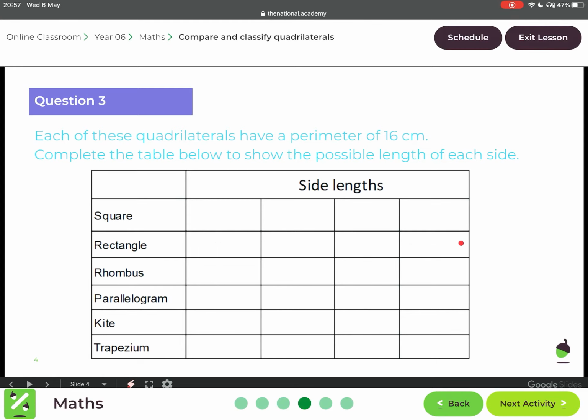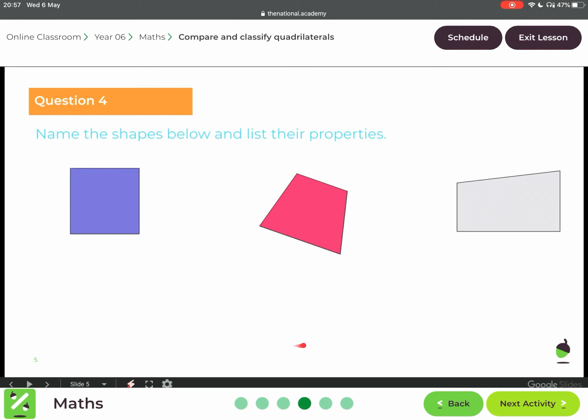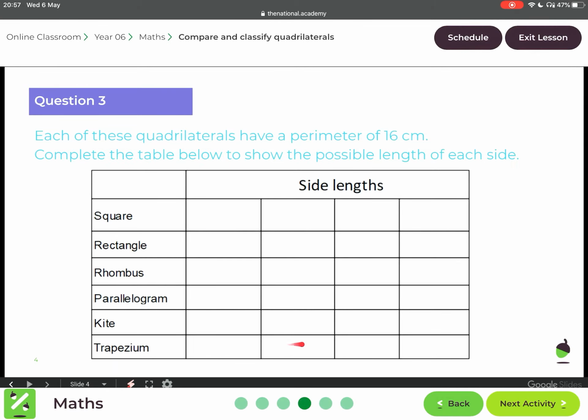For the rhombus, you could also have 4, 4, 4, 4. For the parallelogram, you could have 3, 3, and 5, 5. For the kite, you could have 1, 1, and 7, 7. And then for the trapezium, you could have, for example, 5, 5, 5, 5, and 3, 3.